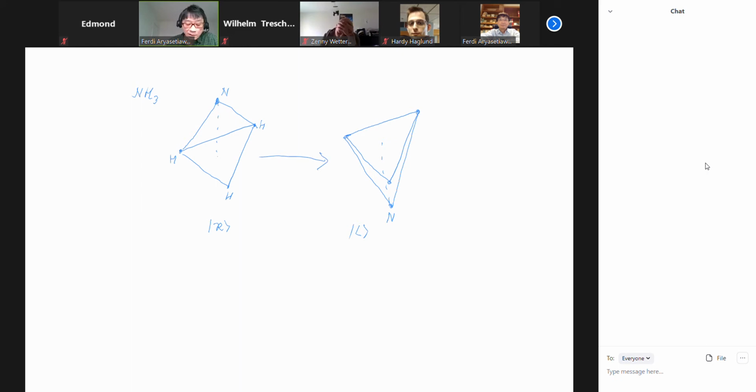If you try to push the nitrogen atom through the hydrogen plane, then obviously you will need to supply a lot of energy. You have to do a lot of work to go from this configuration to that configuration.